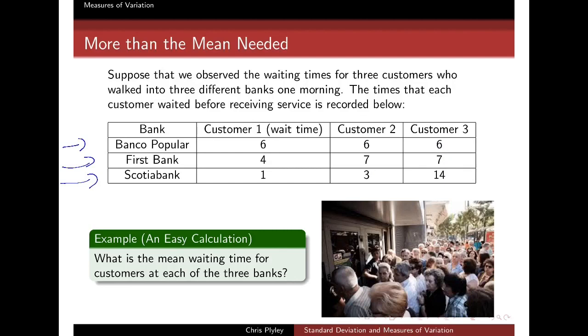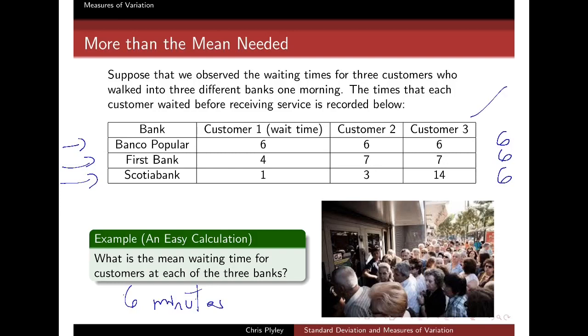At Banco Popular, the mean time is kind of obvious: everybody waited 6 minutes, so 6 plus 6 plus 6 is 18, divided by 3 is 6. In actual fact, if you did the calculation, the mean waiting time for all of the banks was 6 minutes. So it didn't matter which bank I went to, the average wait time was the same.